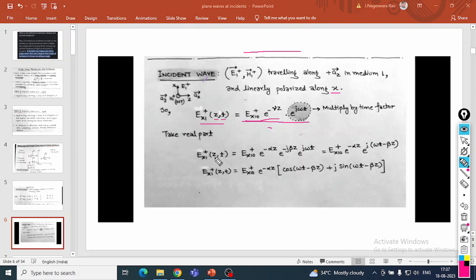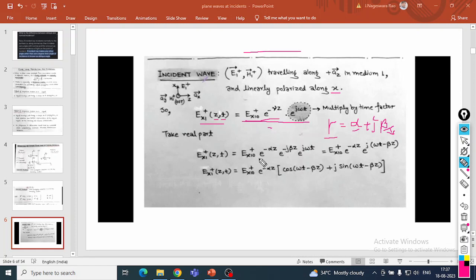Ex1 plus of z comma t equals Ex1 naught plus e to the power of minus alpha z. Here you already know gamma equals alpha plus j beta. This is the propagation constant, equal to attenuation constant plus j beta. Here beta is the phase constant, alpha is the attenuation constant, and gamma is the propagation constant. Then you can expand gamma as alpha plus j beta.